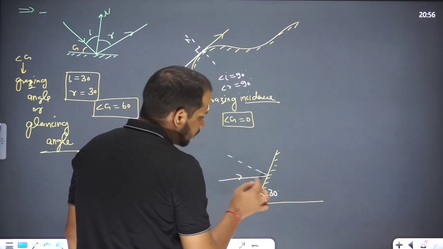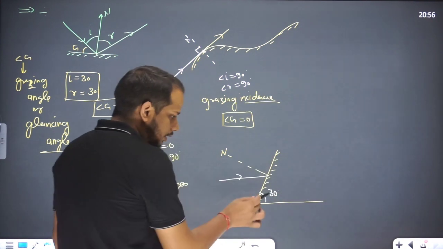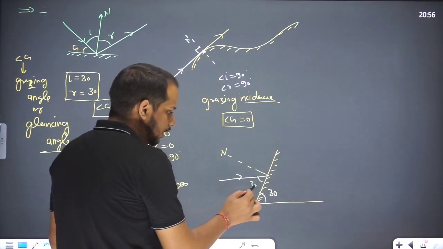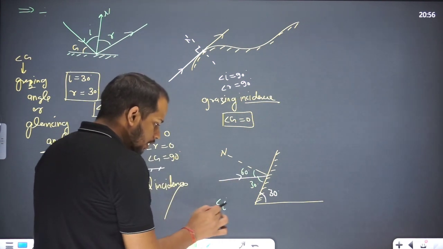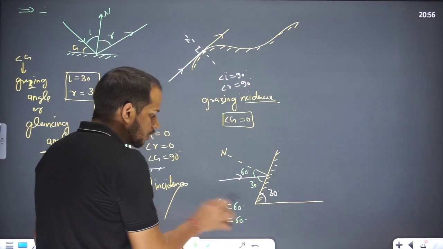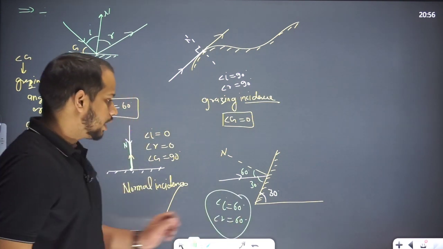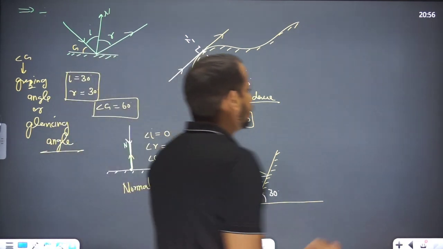If this is the normal, then this is 30, then this is also 30, right? And this one is 60. So what do we know? The angle I is equal to 60 degrees, as well as the angle R is equal to 60 degrees. Why? Because the I is the angle between the normal and the incident ray, that is called I.